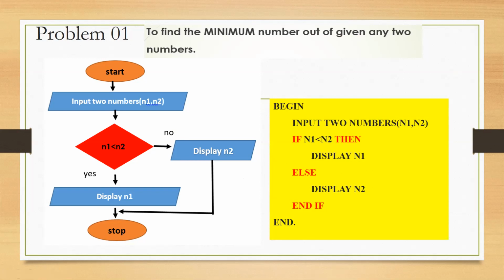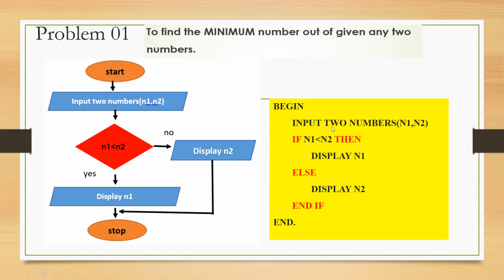Okay, so you can see this is our first question: minimum number out of any given two numbers. So we have to input two numbers, then check those numbers: if n1 is less than n2 and it is true, it means n1 is the smallest number, otherwise n2 is the smallest number.